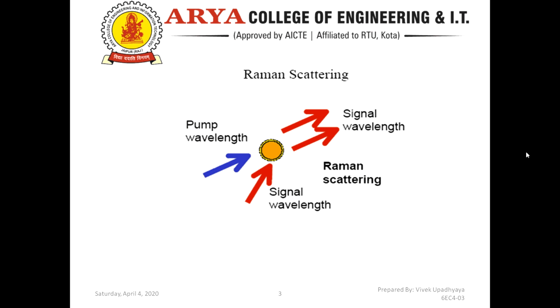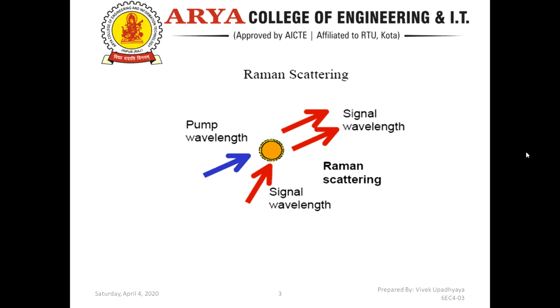The principle of Raman scattering is that a lower wavelength pump laser light traveling down an optical fiber along with the signal scatters off atoms in the fiber, loses some energy to the atoms, and then continues its journey with the same wavelength as the signal.